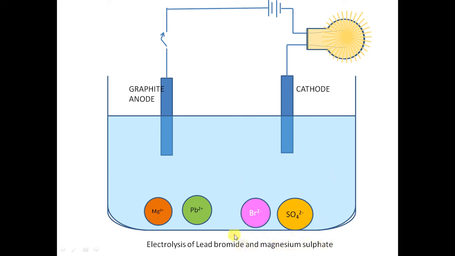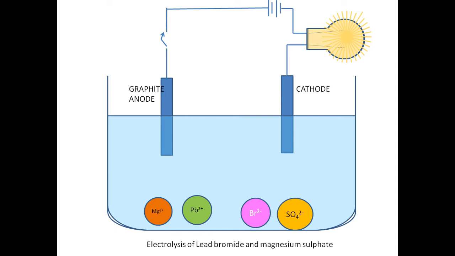Now the question arises: from magnesium ion and lead ion, which will migrate towards the cathode, and from bromide and sulfate, which will migrate towards the anode. The thing to remember here is that both cations cannot migrate towards the cathode, and both anions cannot migrate towards the anode. Only one cation from the two will migrate towards the cathode and only one anion from the two will migrate towards the anode.